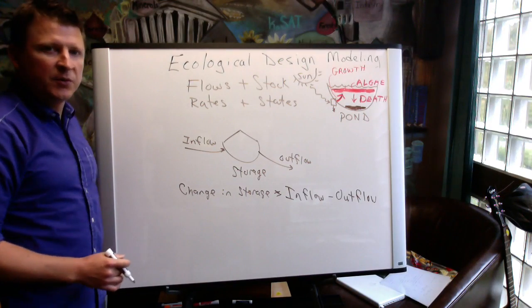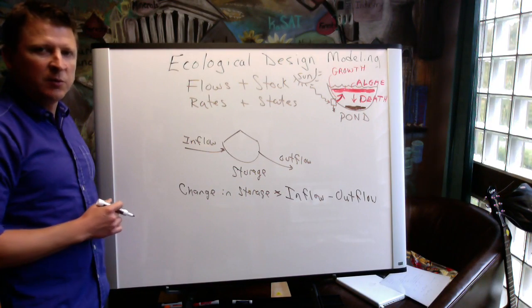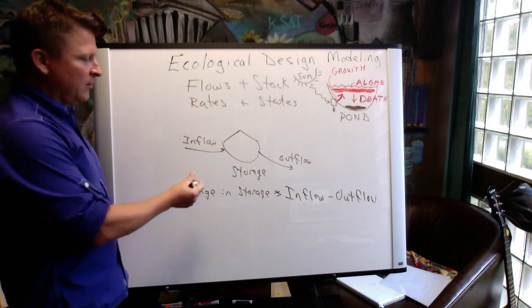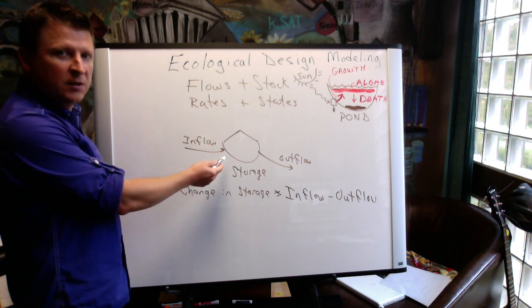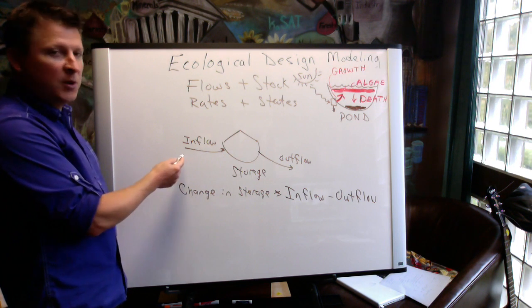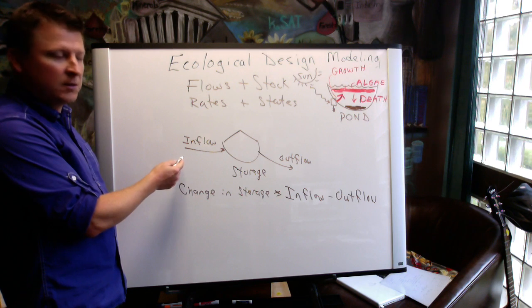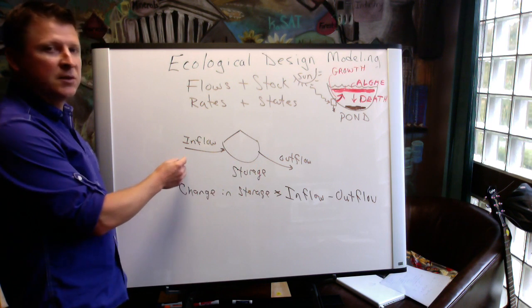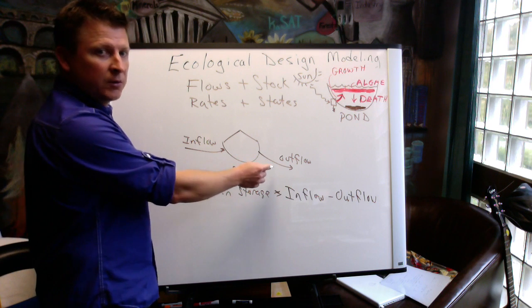A good example of something that we could represent with this model would be your bank account. You have a storage of money in your bank account, and you have inflows of money into your bank account, and you have outflows from your bank account. You have deposits and withdrawals.